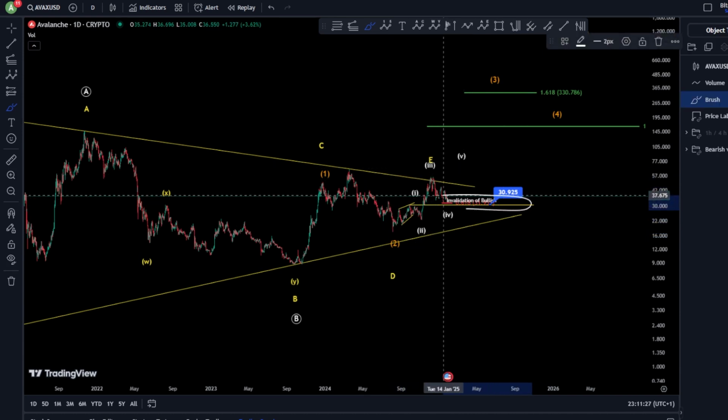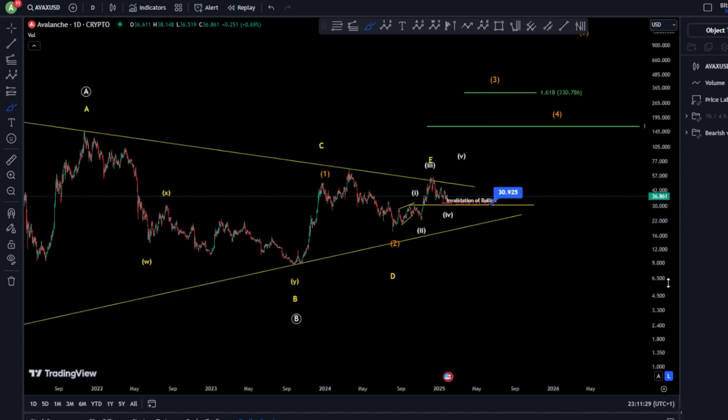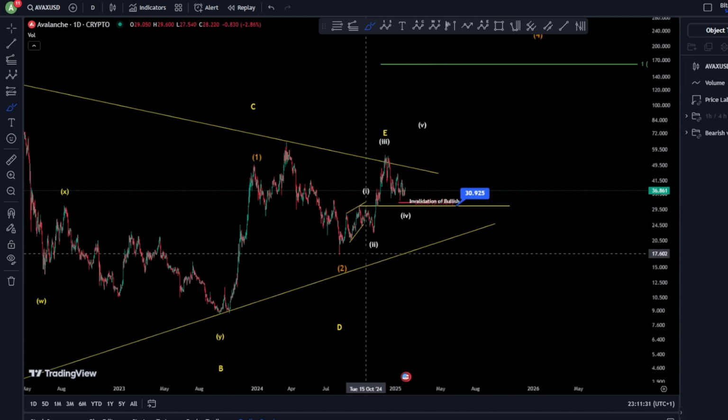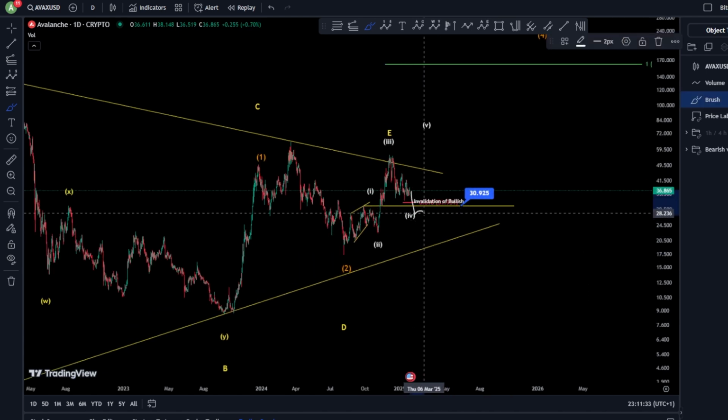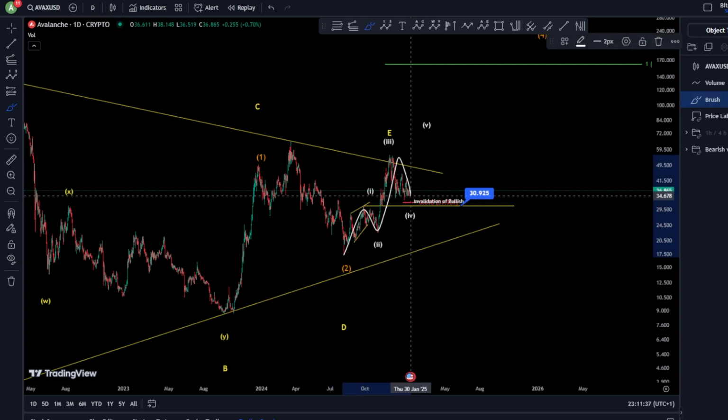However, we don't want to see invalidation, unless the other scenario, that it can still be bullish in case we took this low, is a double 1, 2.